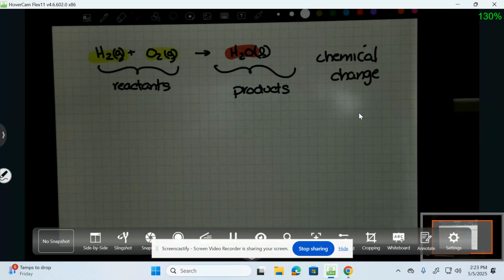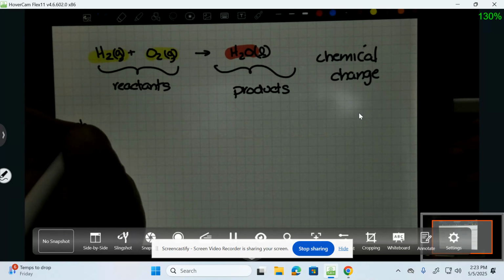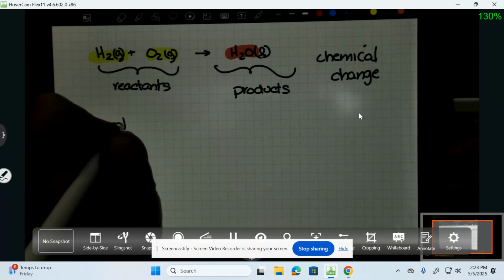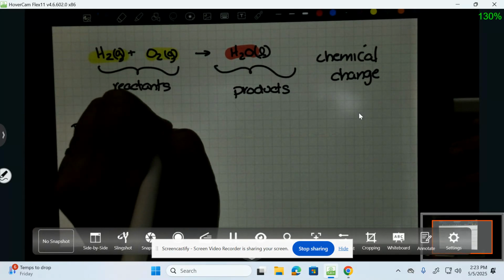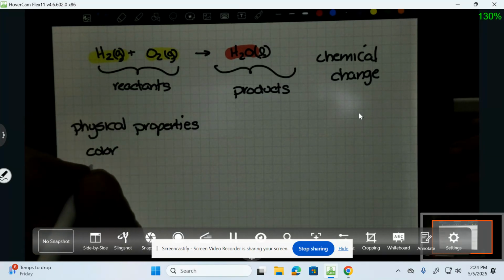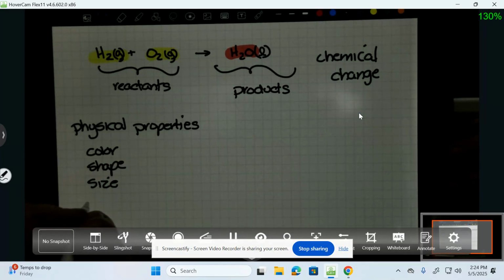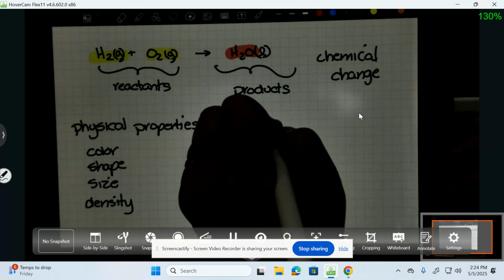And then it says physical and chemical properties. So what are some physical properties? Color, shape, size, density. These are physical properties.